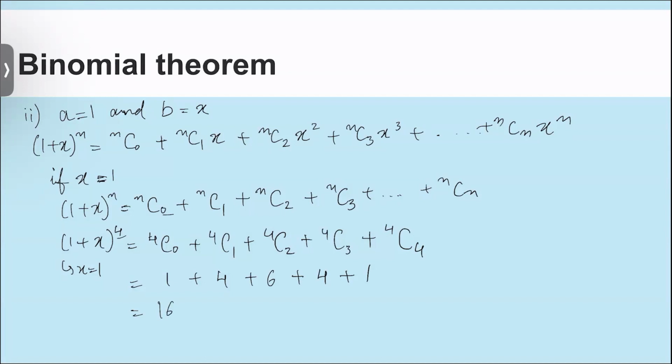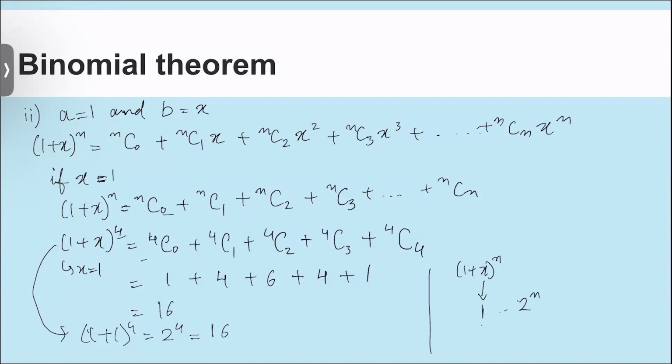Now, we got (1 plus x) to the power 4. We actually just substituted x equal to 1. But if you write it in the form 1 plus 1 raised to 4, that is 2 raised to 4, which again is 16 itself. So whenever 1 plus x is given to you and your x becomes 1, then what you actually need is 2 raised to n.